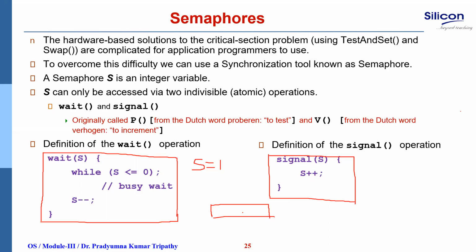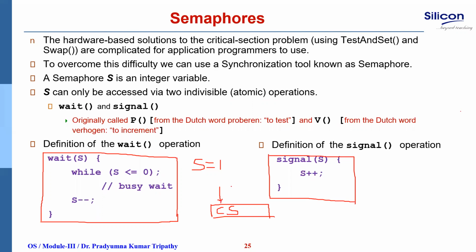Multiple processes want to enter into this critical section. So before entering into the critical section, suppose I put the P operation.